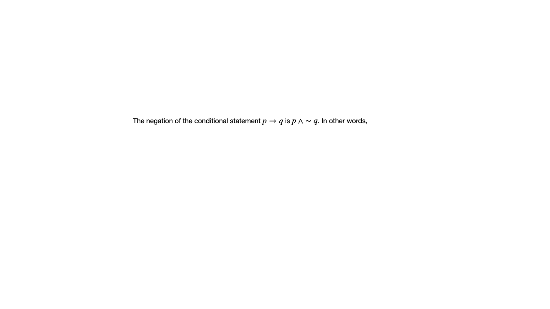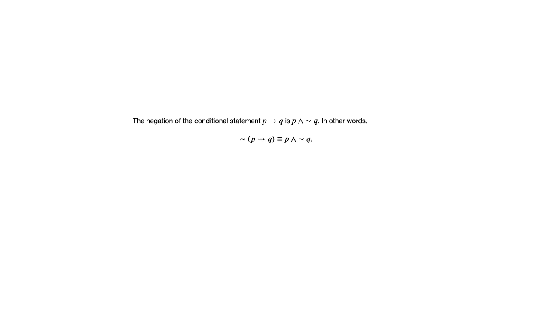On our first exam, I might say something like, here's a conditional statement, write the negation. And it's not uncommon for students to then write a new conditional statement, which is not what the negation of a conditional statement is.